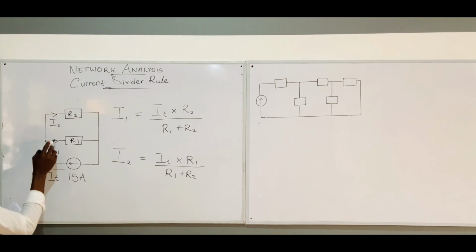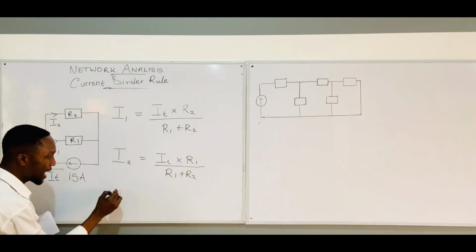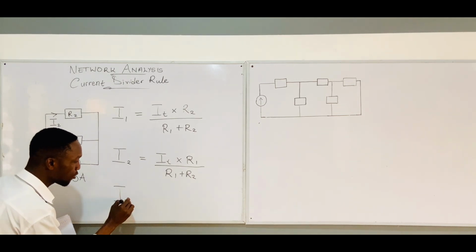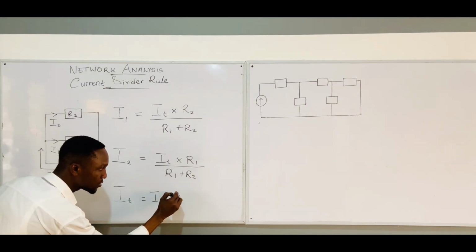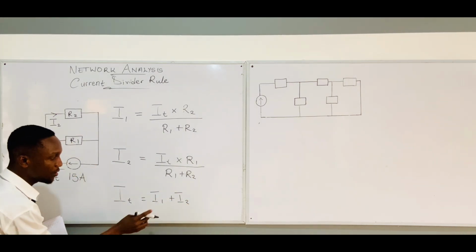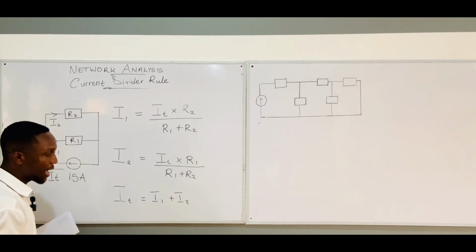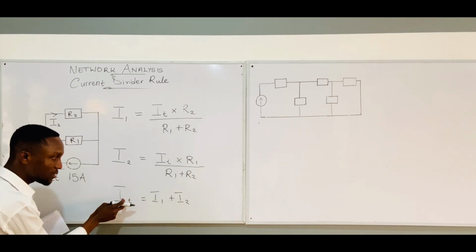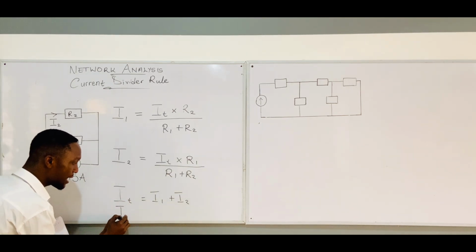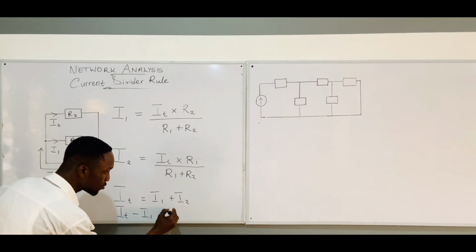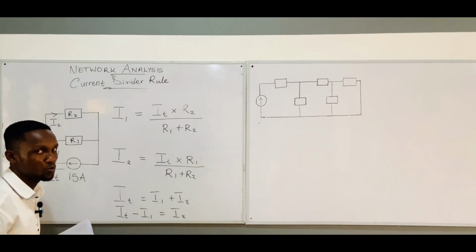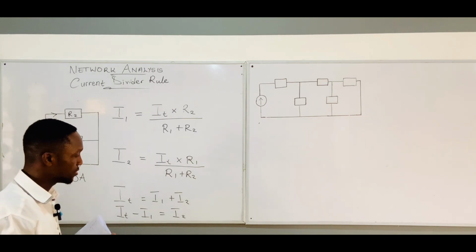The first one is I1, the second one is I2. So IT from Kirchhoff's current law is equal to I1 plus I2. Now, if I know I1, I can find I2 by subtracting: IT minus I1 is equal to I2. We will apply this when we start solving questions, okay?